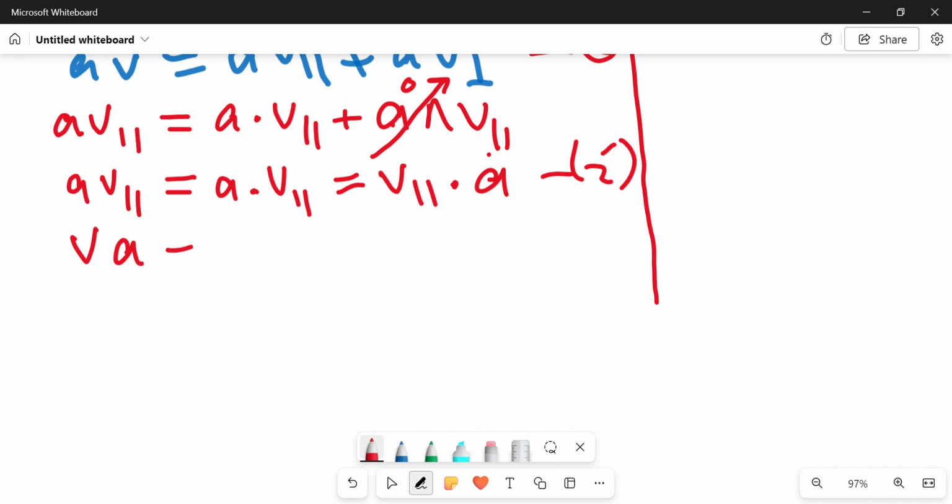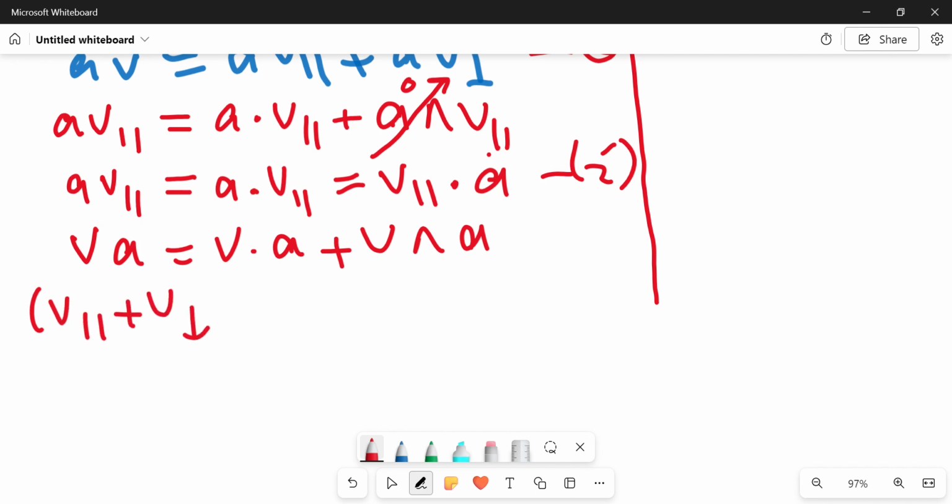Now, VA is the other way around. Look, AV is so now VA is what? VA is V dot A plus V wedge A. Now, let us decompose this to V parallel and V perpendicular.